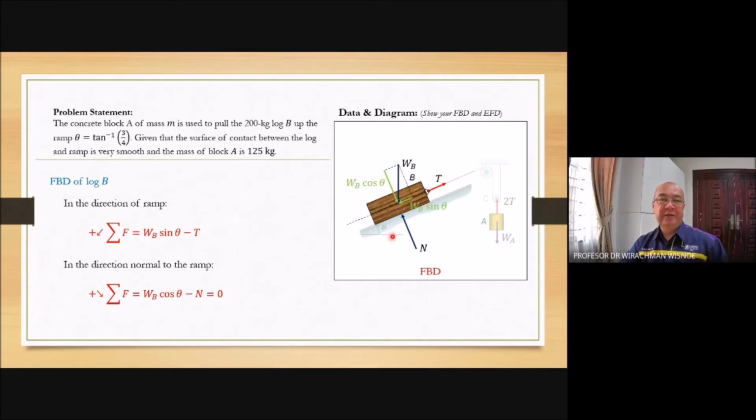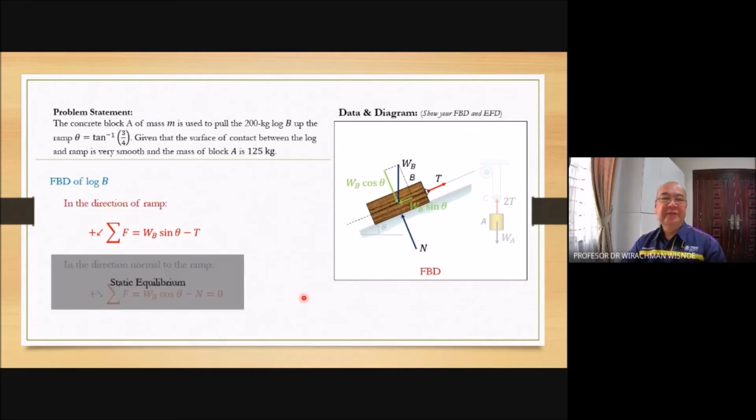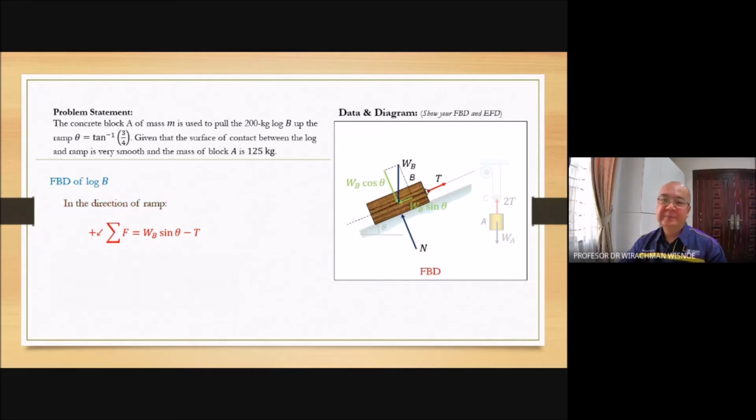Because we have the ramp surface, so motion in this direction doesn't exist. It means we have static equilibrium in this direction, so we are not interested in that part. You put WB equals MB g and have the expression of sigma F in the direction parallel to the ramp.